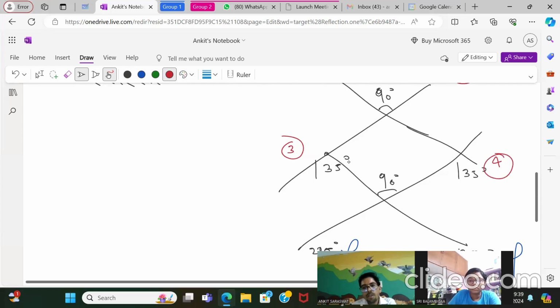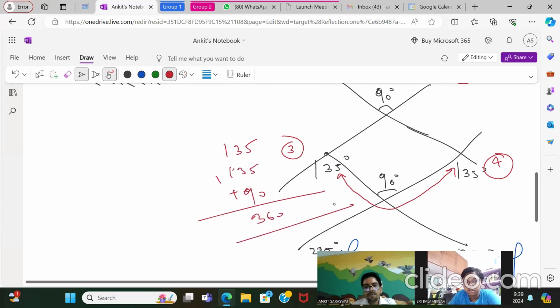These images are overlapping. Can you see when you add all these? How much? 135, 135, along with 90. Yes. 360.